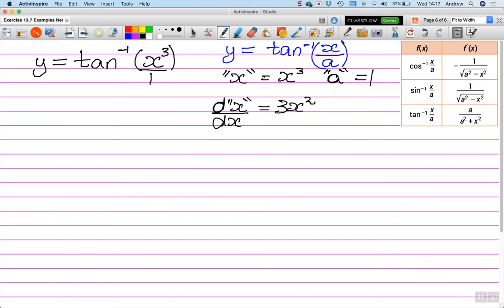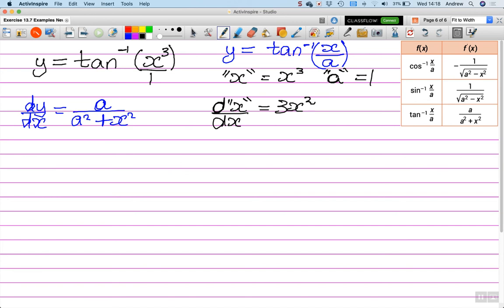We are now going to apply the formula, and I'm going to write the formula here. Might be a better place to actually write it. I'm going to write it in blue so that it sticks out a small bit. So we've got dy dx is equal to a over a squared plus x squared.